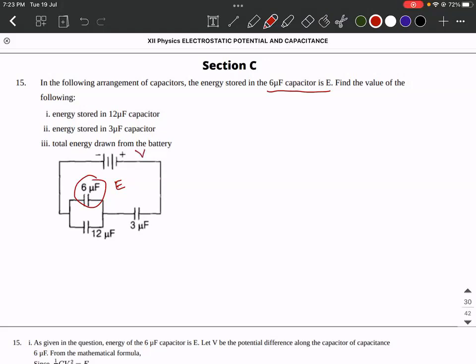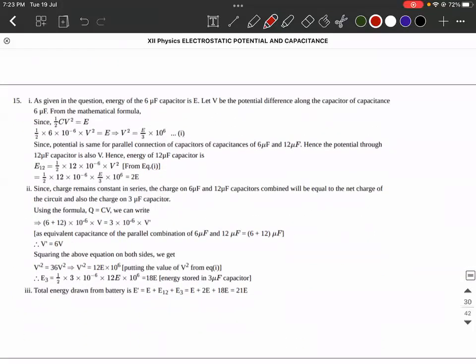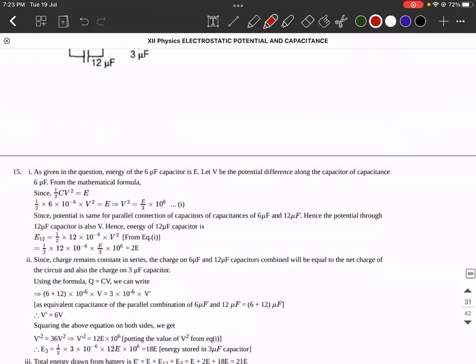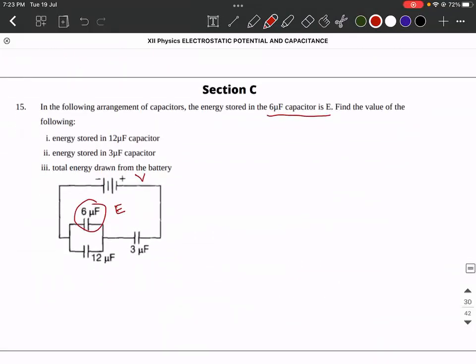If I say the potential difference is V here, is there anything missing in the question? We can take V. If I take the potential difference here as V dash, here it will be V minus V dash.